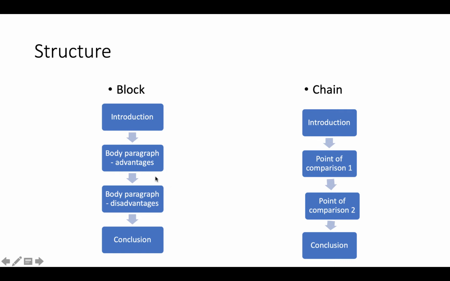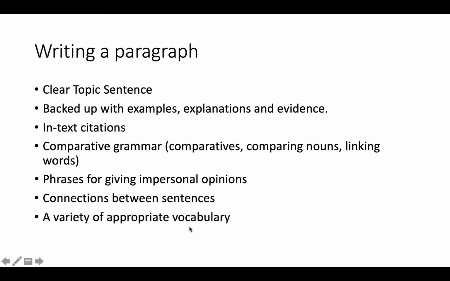Okay, so we're going to look at writing a paragraph for the block structure essay, which is over here. So within your paragraph, you should have a clear topic sentence. This lets the reader know what they are going to read about. So in English, generally the topic sentence will be the first sentence of the paragraph, and it holds the whole paragraph together.